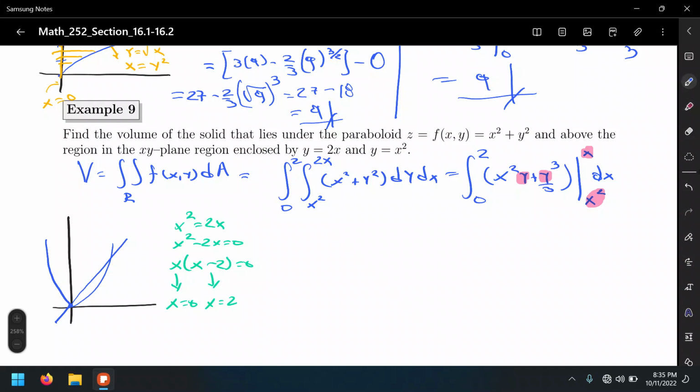So that's the integral from 0 to 2 of x squared times x plus x. Oh, it's 2x.